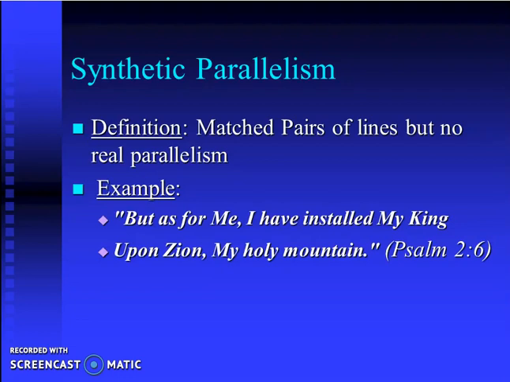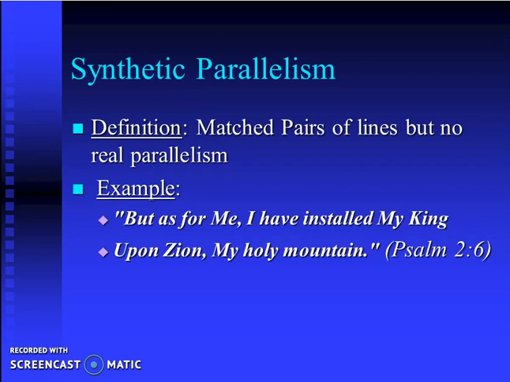Well, if you go back to Psalm 2, you find that there's a lot of parallelism up until this point. Why do the nations rage and the peoples plot in vain? Nations raging, people plotting, parallel. Kings of the earth take their stand, and the rulers take counsel together.